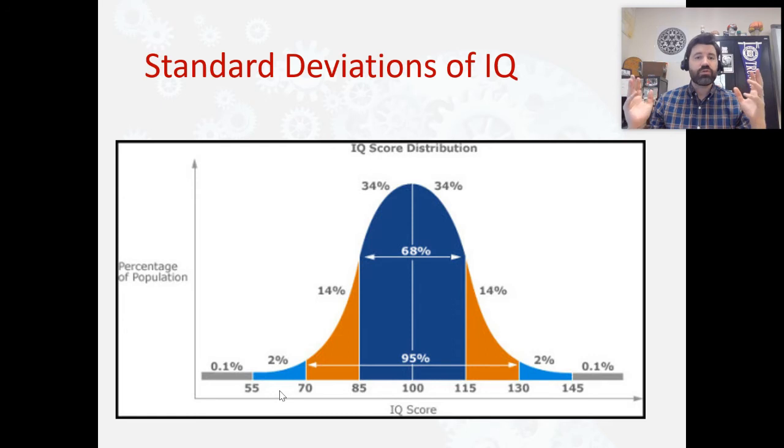Now, out there somewhere, Einstein's walking around and he's going to have an IQ greater than 145. And somewhere out there, Forrest Gump is walking around and he's going to have an IQ that's really low. But 99% of the population is going to fall between 55 and 145.